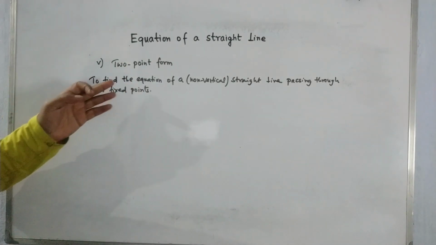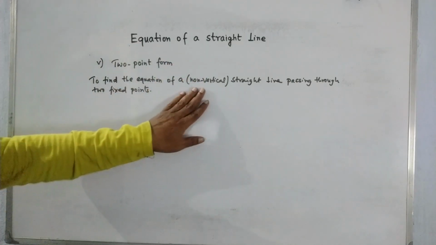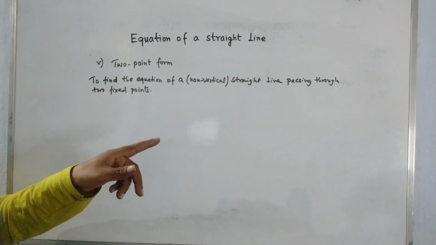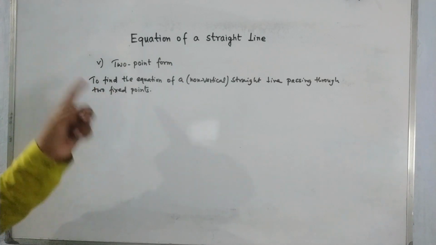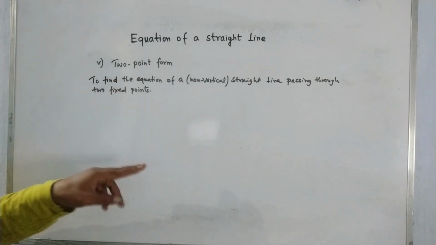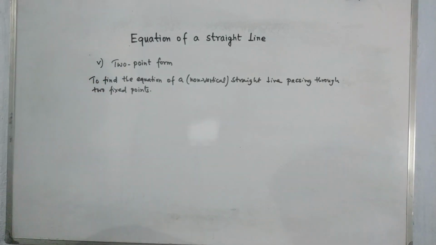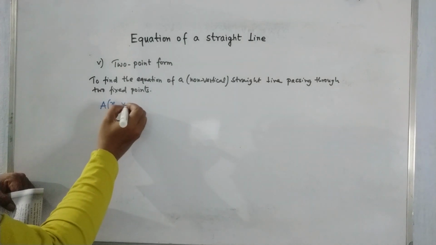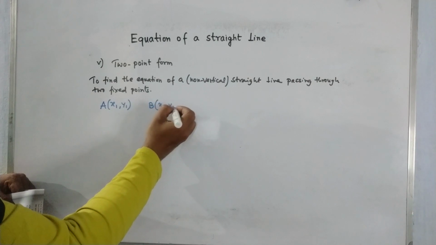That means to find the equation of a non-vertical straight line passing through two fixed points. Two points are given and the slope is not given. You have to find the slope first, then you have to deduce the equation of that straight line. Let us consider two fixed points, A which is x1, y1, and B, x2, y2.